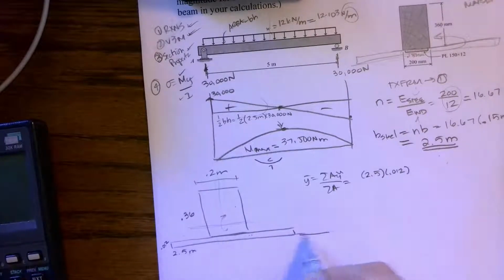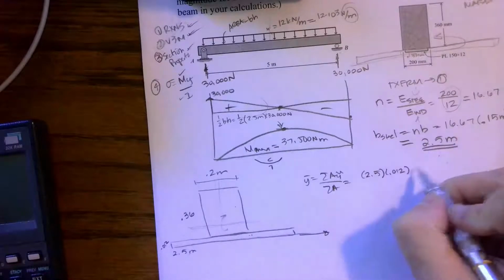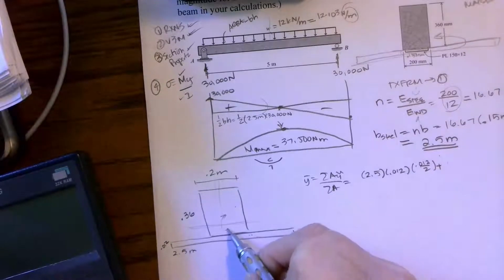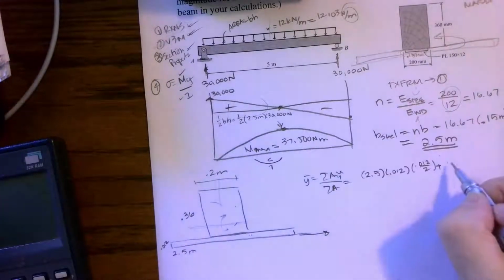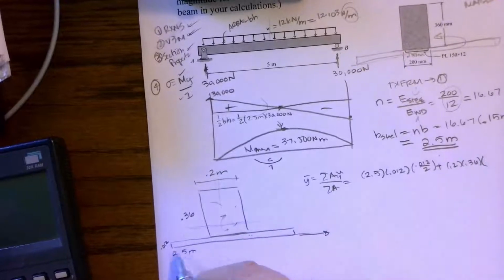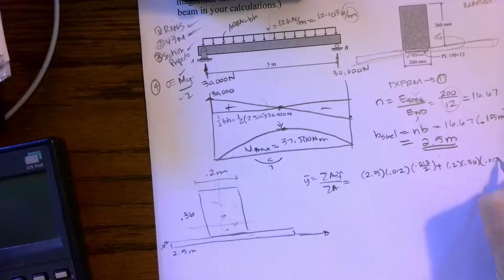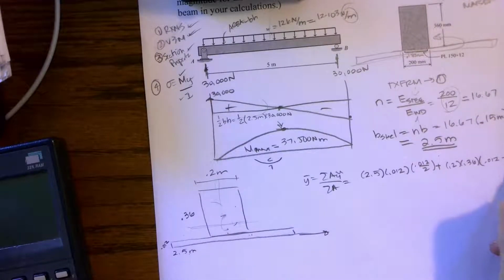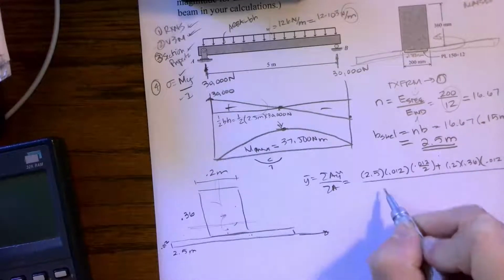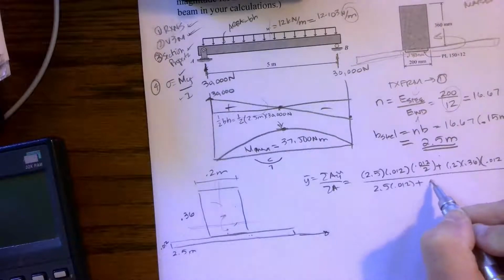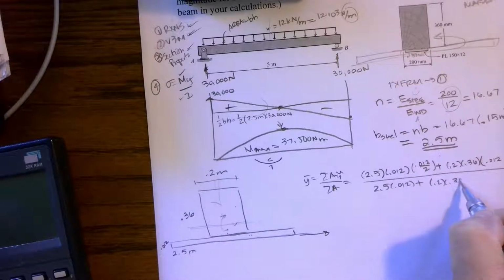And then my tilde from the bottom for my global is 0.012 over 2, plus this area, so I have 0.2 times 0.36, and we have to march up 0.012. And then to get to the centroid, it's 0.36 divided by 2. And all of this over the area of 2.5 times 0.012 plus 0.2 times 0.36.